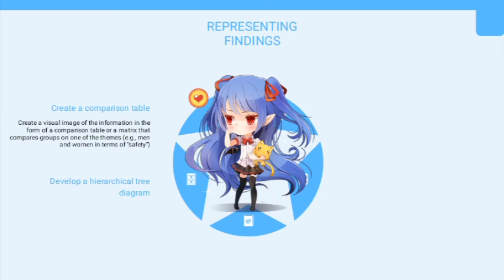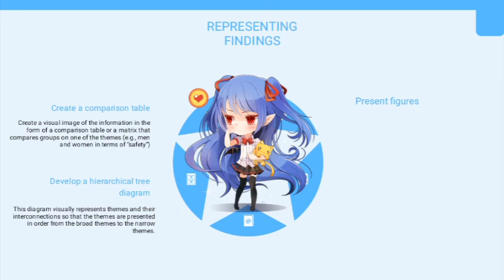So the next is to develop a hierarchical tree diagram. This diagram visually represents themes and their interconnection so that the themes are presented in order from the broad themes to the narrow themes. So the next is to present figures. It means a figure with boxes showing the connections among themes.